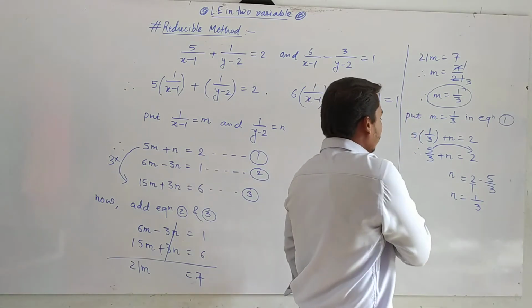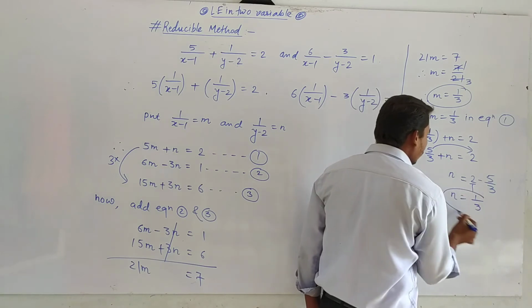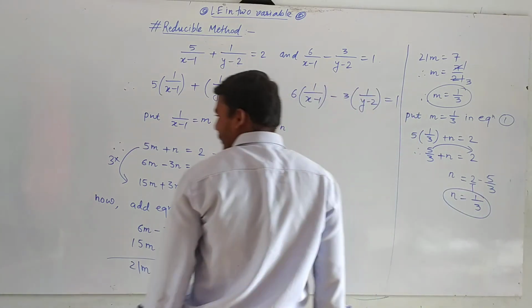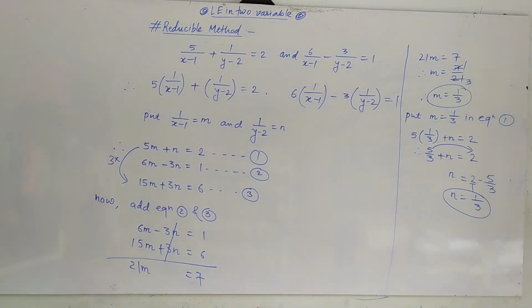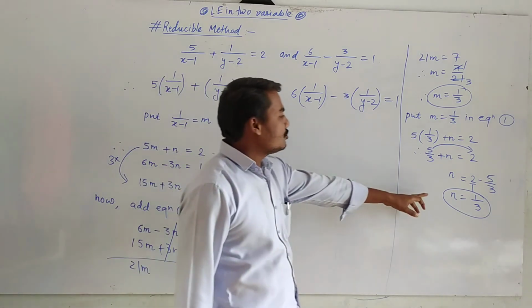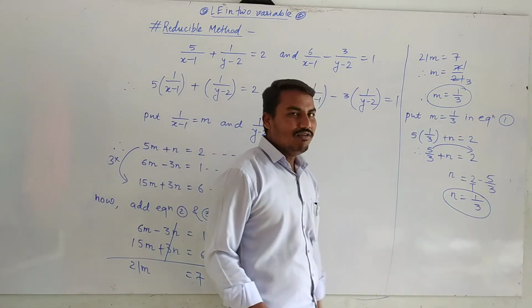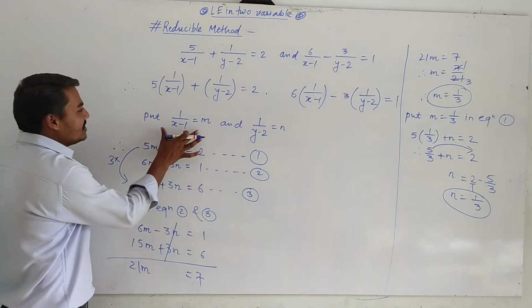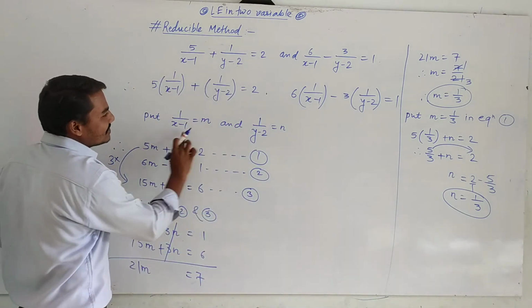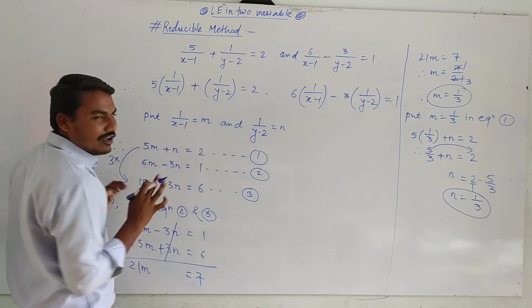So the value of n is also 1 by 3. So m and n both become 1 by 3 now.